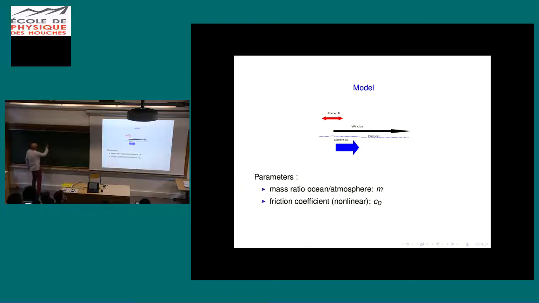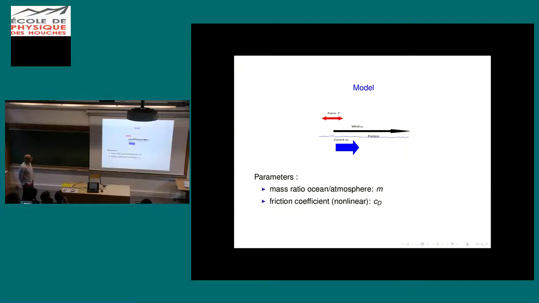I'm looking at a slice here. Here's the interface; this would be the atmosphere, and here the ocean, and the ocean layer is thinner than the atmosphere. I have a ratio between the ocean mass per unit area and the atmospheric mass, m, which in most of my experiments is chosen to be equal to 100. It's just a number.